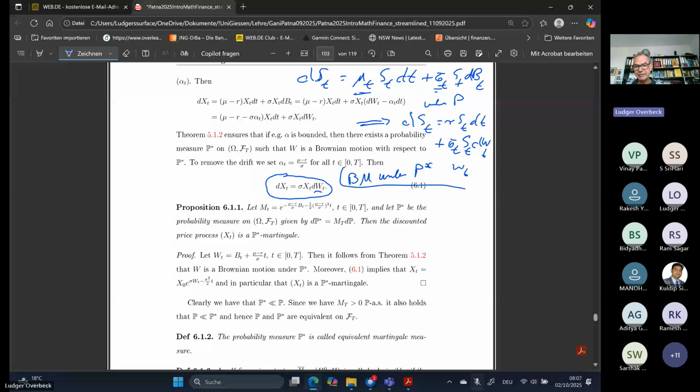This means our pricing measure will always change the drift to the riskless one.